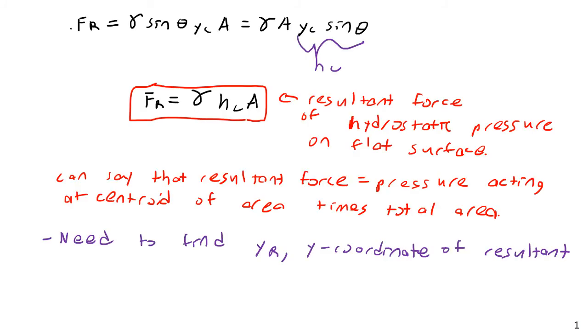So FR times YR. We're after YR, the y coordinate of the center of pressure. And this is going to be equal to the area integral of y dF. So we're going to integrate the force across, and this is then equal to the area integral of y gamma h dA.